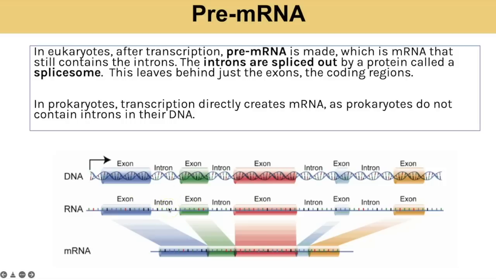So the introns need to be removed, and we call that splicing. They're spliced out, so cut out, by a protein called a spliceosome. And now we have finished mRNA that is ready to leave the nucleus. That stage doesn't happen in prokaryotes because they don't have introns.